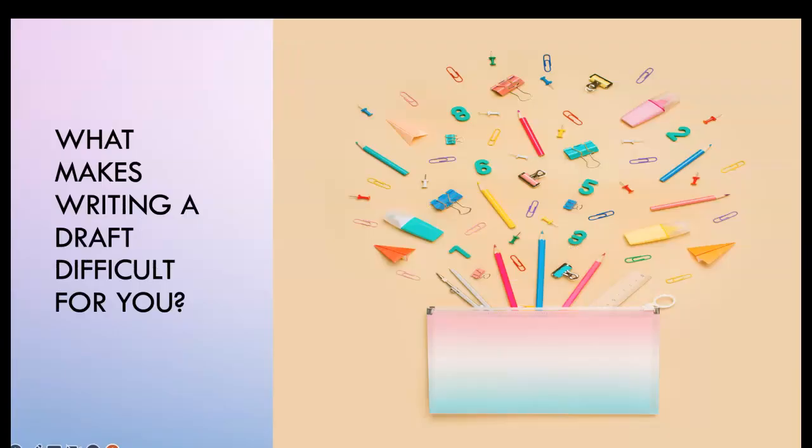Before we jump right into it, I want you to think for a minute about what makes writing a draft difficult for you. And work ahead of that to try to come up with some strategies so that if you do have an obstacle arise in the writing process, you have some ways to work around it and momentum to get through it.